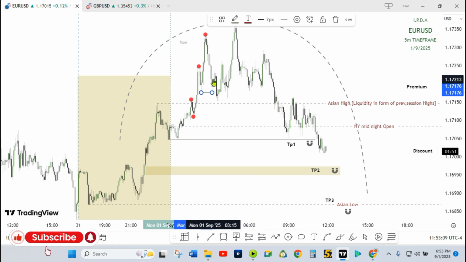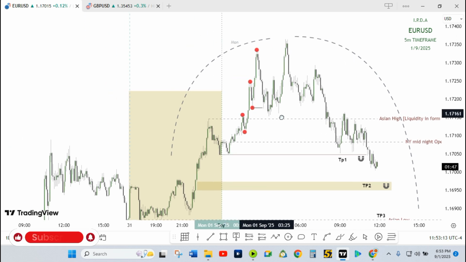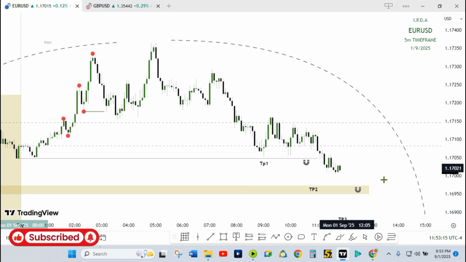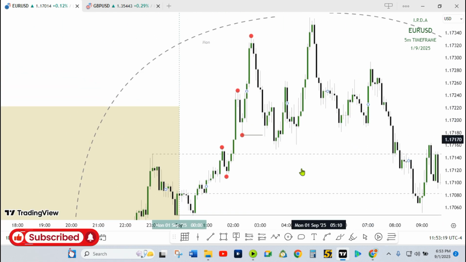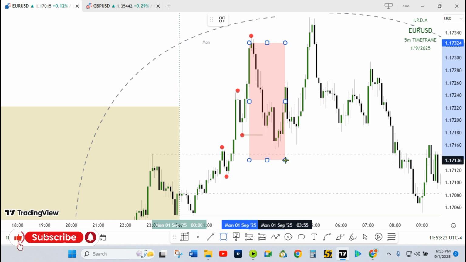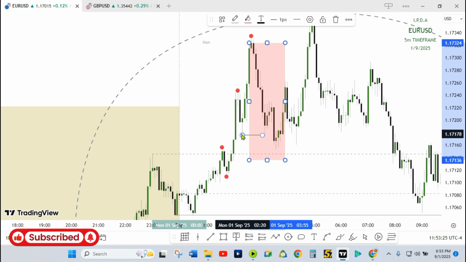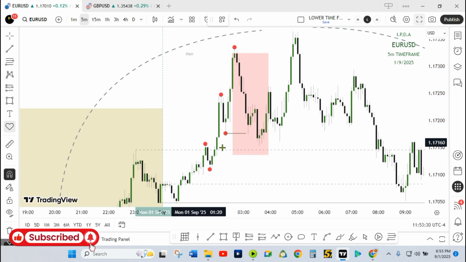Let's focus. So after breaking this low here, now my focus should be here inside this leg that blocks this low. Be careful, I'm looking at this low that broke this swing high.